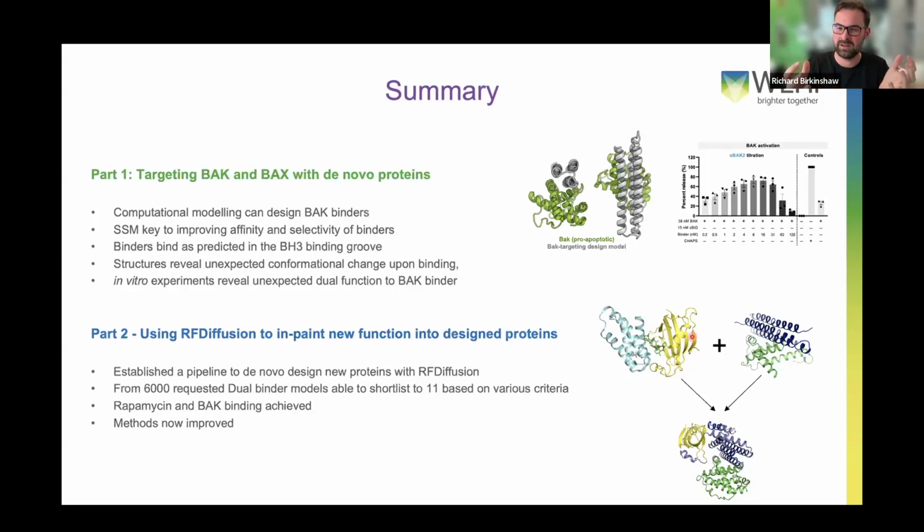One of the simpler ways that it would block binding is if you have an FRB from one protein binding to the FKB of another protein, forming the dimerization with rapamycin. And rather than forming an internal conformational change that would block binding, you block binding just by oligomerizing it.